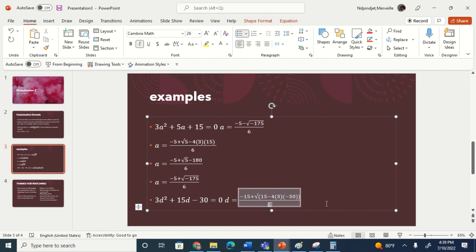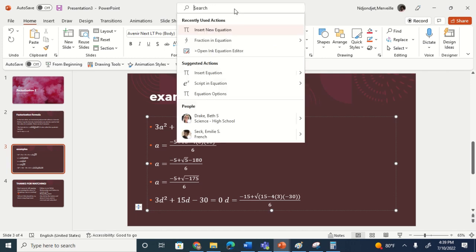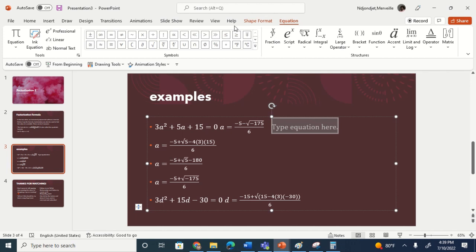And now I'm gonna solve it here. Z is going to be equal to minus 15 plus, so now we have the square root of 15 squared minus, now we have 12 times minus 30, that's minus 360.